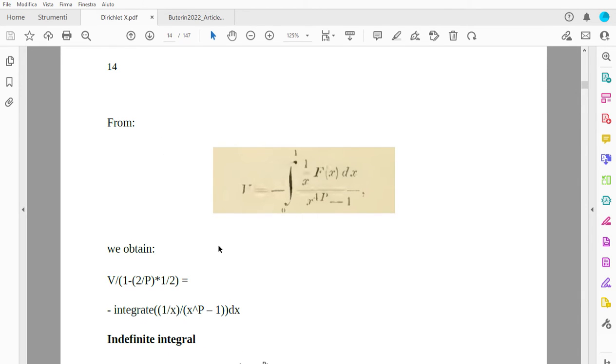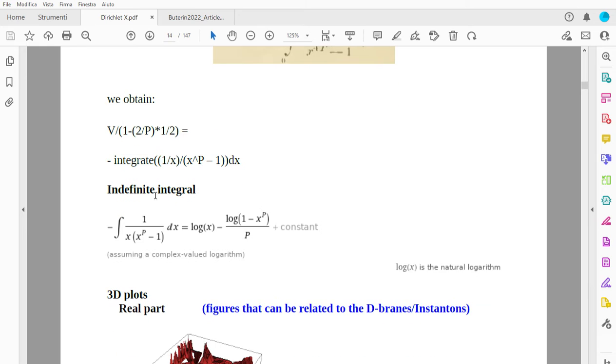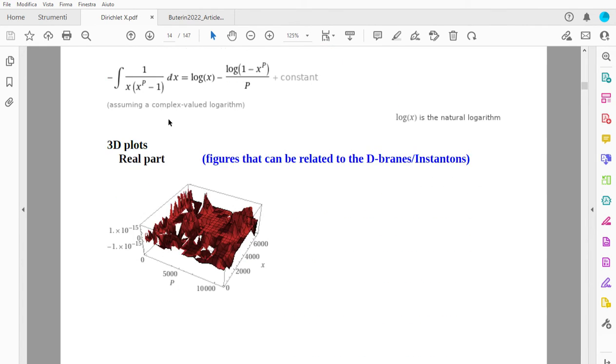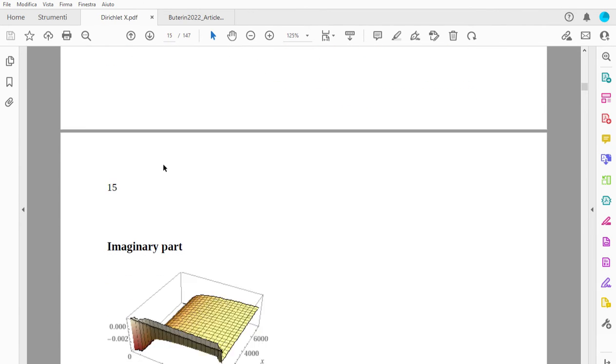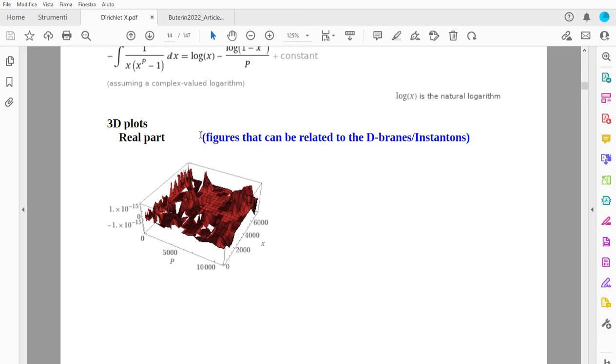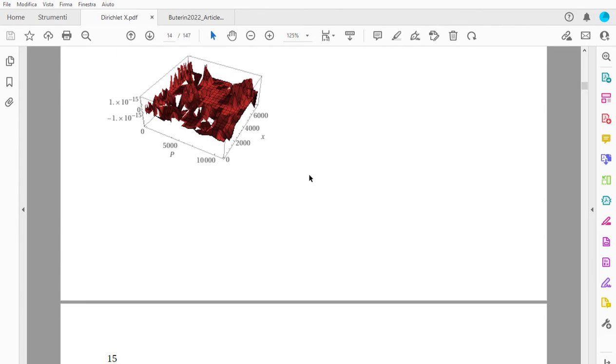Now from this integral we obtain, after this calculation, the three-dimensional plots. Also here the real part and the imaginary part. And again the figures can be related to Brandt's instantons.